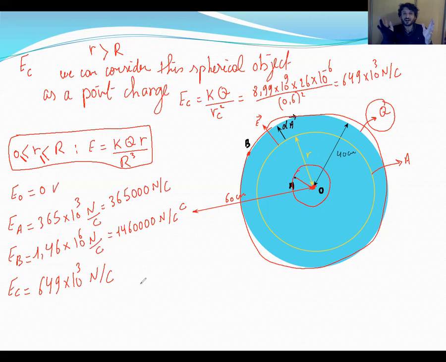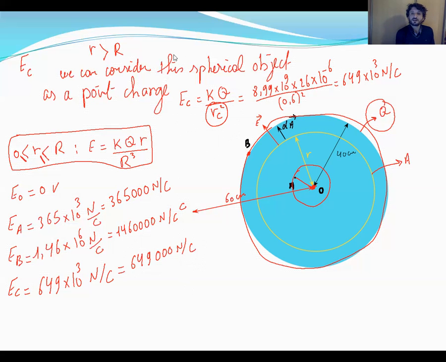We have a bigger value of electric field because we have more charge which contributes to create a field at the point B. All the charge will contribute. But now, when you go far away from that ball, the field will be smaller because it's inversely proportional to the distance. So we get here 649,000. The field will decrease.